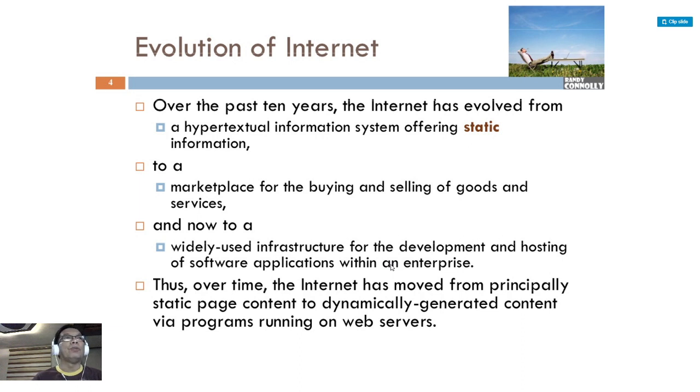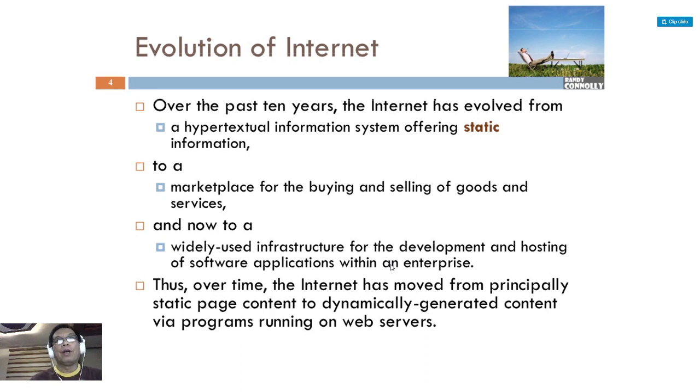So from static information, it was turned into a marketplace for buying and selling of goods and services. So that's why more or less some of you now are using Shopee, Lazada, Amazon, eBay. So these are examples of this. And now it is a widely used infrastructure for the development and hosting of software applications within an enterprise.